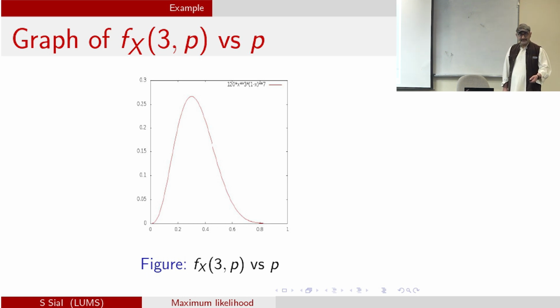P is a probability, so it can go from 0 to 1. The result of 3 is most likely at what we intuitively said. You have a maximum, and this maximum likelihood function has its maximum at p equal to 0.3.